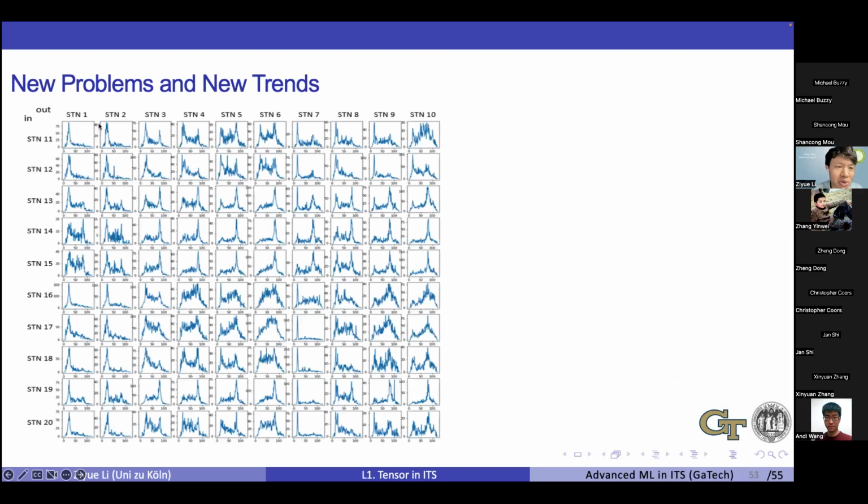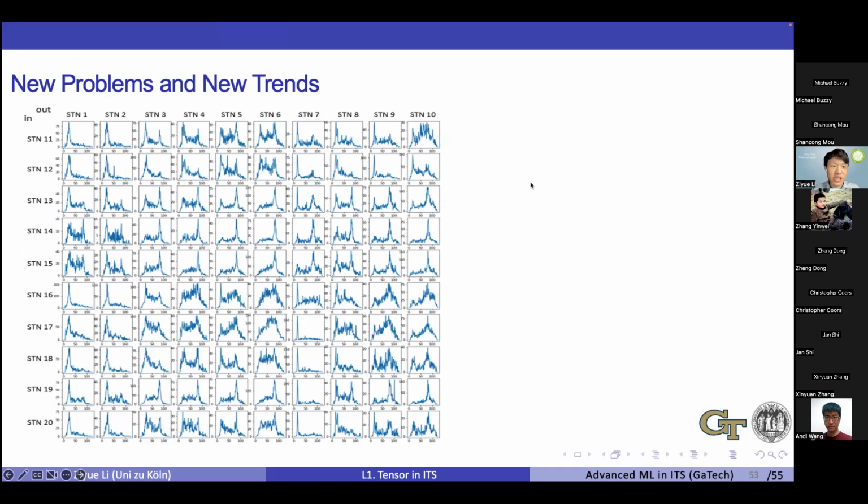For example, we only look at the inflow pattern. We can also look at, not only inflow, but also outflow at the same time. So this is the flow entering station 11 and getting out from station 1. If we sum up the whole row, then we get the inflow data that we used in the first part.